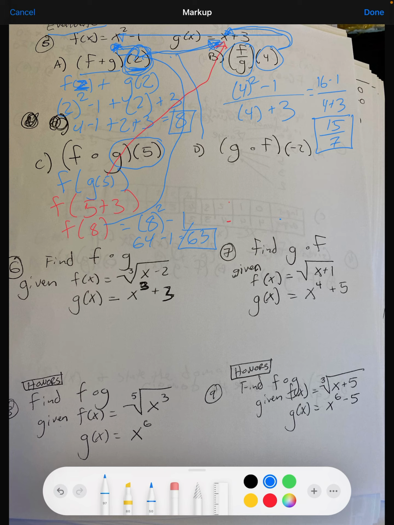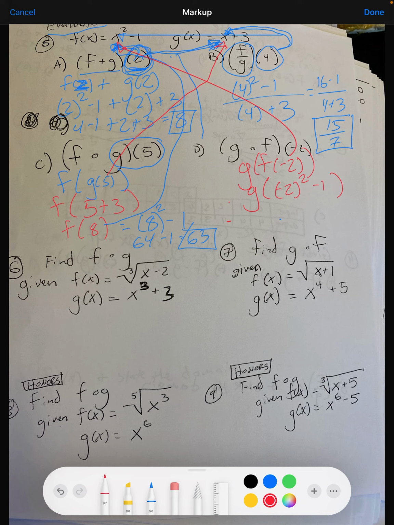Okay, this next one, that's saying g with f as my input of negative 2. So negative 2 has to plug into my f. So that's going to give me g with negative 2 squared minus 1.